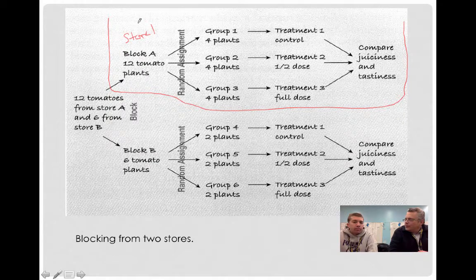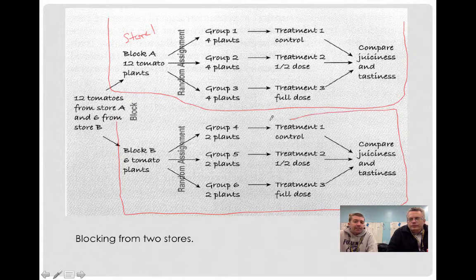So we run the experiment on all the plants from one store, and then separately on all the plants from the other store. Notice how each one of these maps is exactly the same. The only thing that differs is the counts. Here they bought 12 plants at store 1, and at store B, we bought 6 plants.